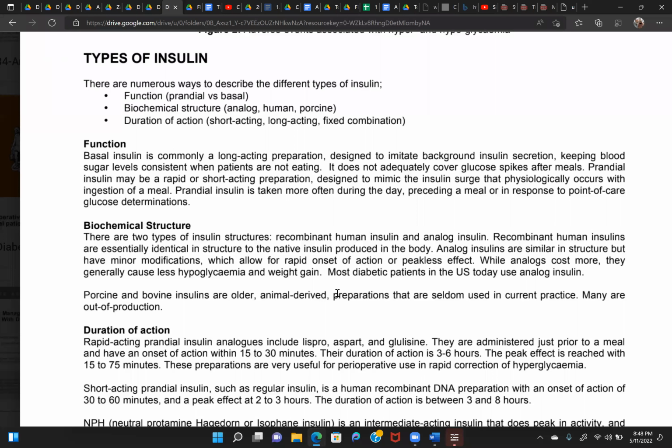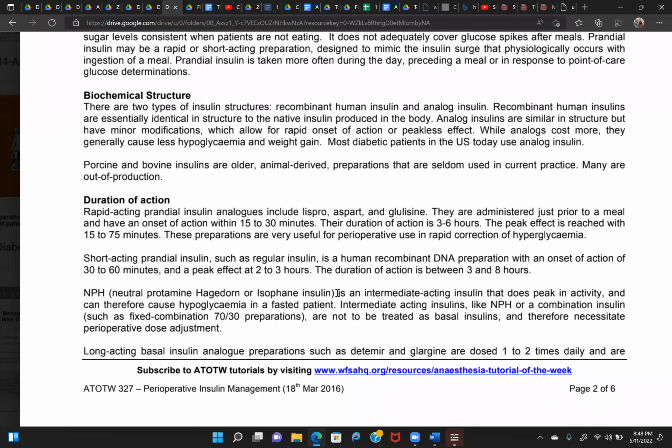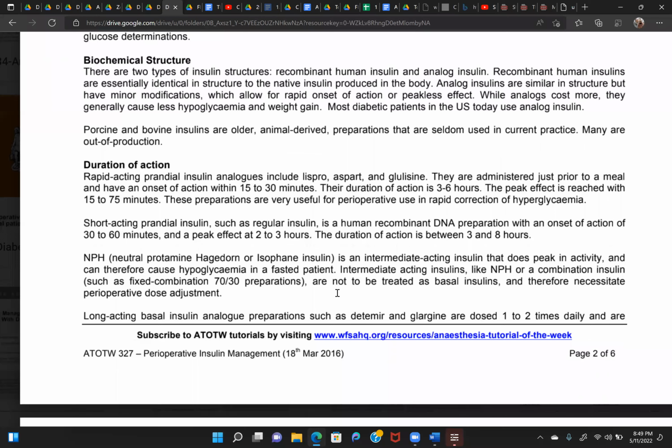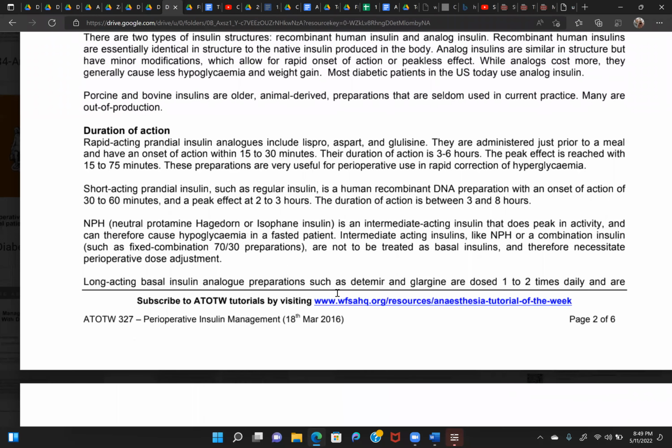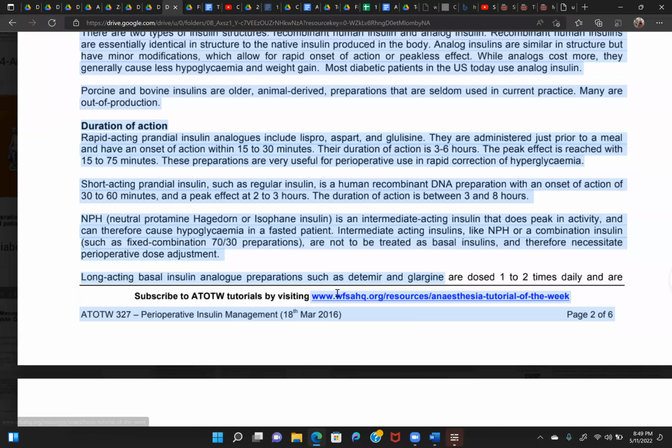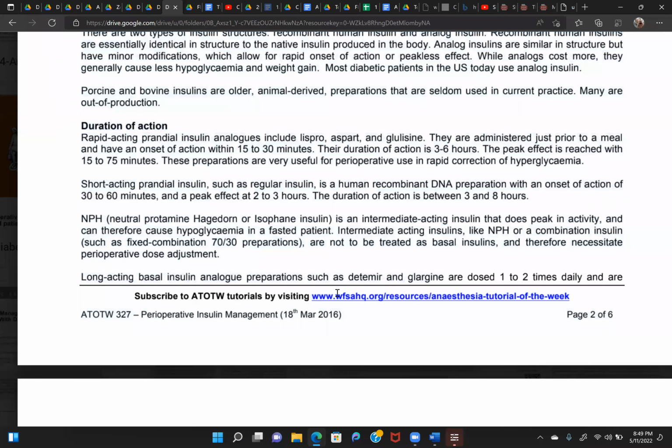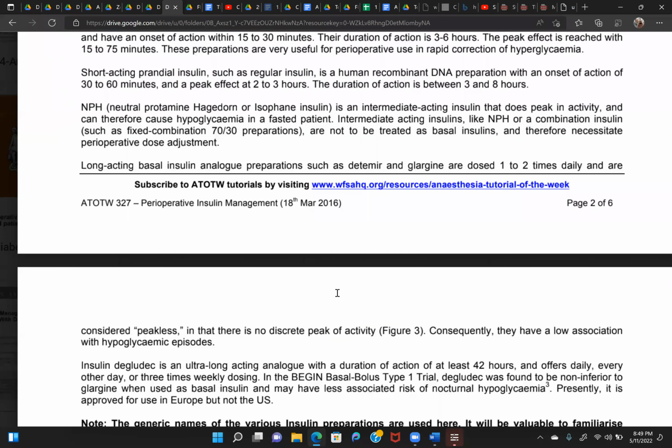It is related to the increased response which occurs after meals. So, by biochemical structure: rapid acting, short acting, intermediate acting, and long acting. In long acting, you can remember the name insulin glargine. NPH is the milky insulin, which is intermediate acting.